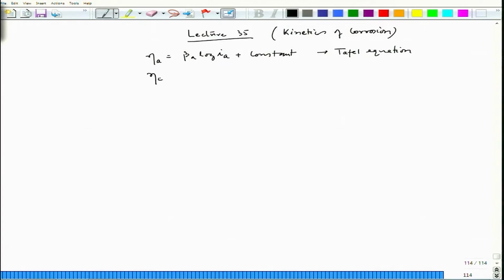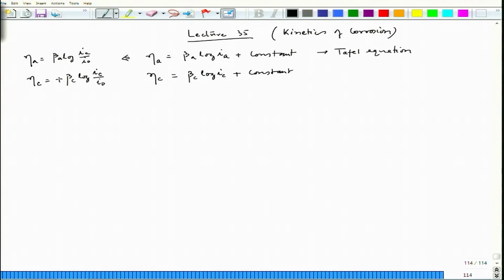Similarly, for cathodic over voltage, it was beta C log I C plus a constant. If we try to write the complete one, it is eta A equal to beta A log I A by I 0, and eta C equal to minus beta C log I C by I 0.